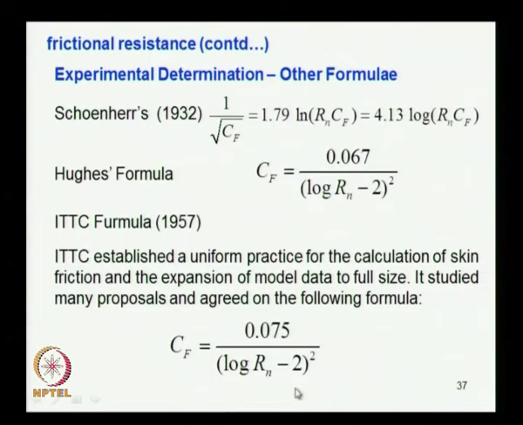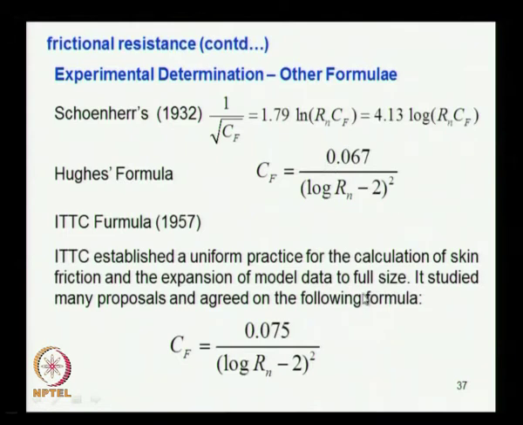So, this committee went through various formulae and research groups, including Hughes formula, and finally came up with the relation that Cf is better represented by this formula, Cf is equal to 0.075, whereas Hughes used 0.067.